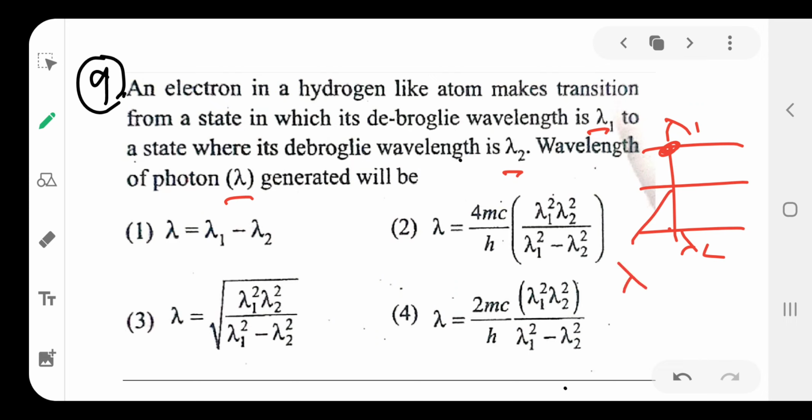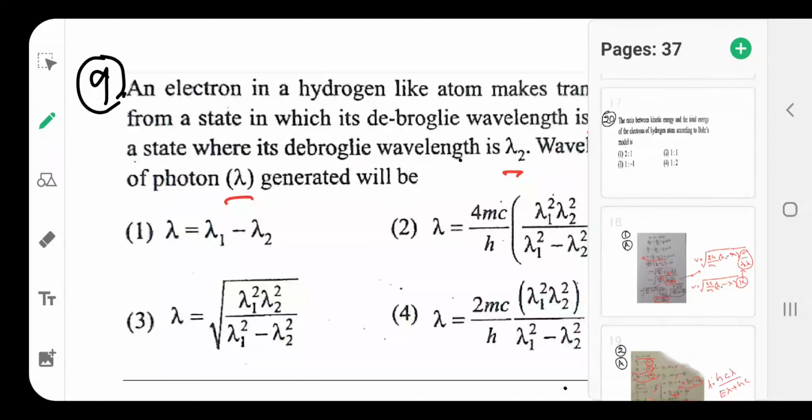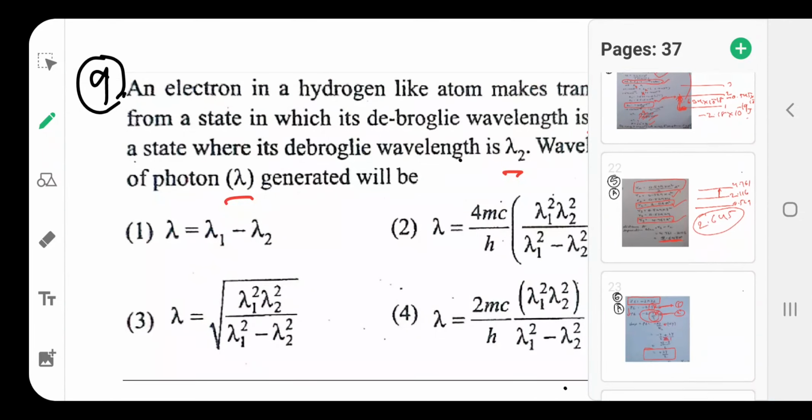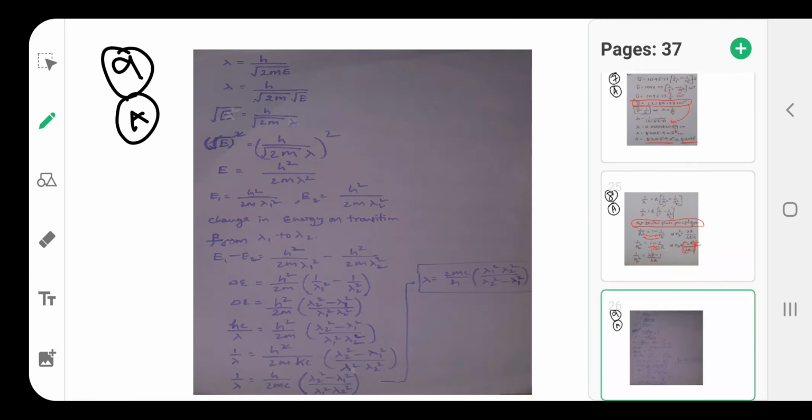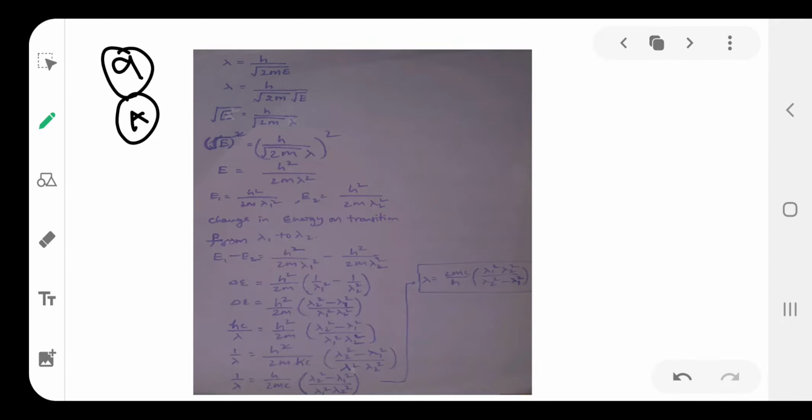What is your lambda value? We have to find out. Then see question number 9.